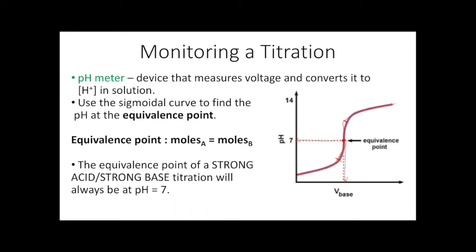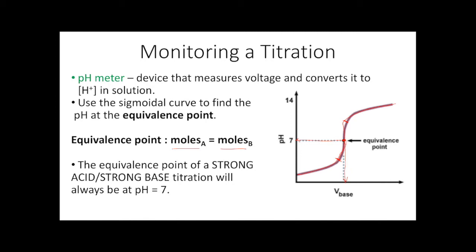It's not always 7. It will be 7 if you are doing a strong acid, strong base titration. But no matter where that is, at your equivalence point, the moles of your acid is going to be equal to the moles of the base. And so then we can do our calculations and figure out the concentration from that.